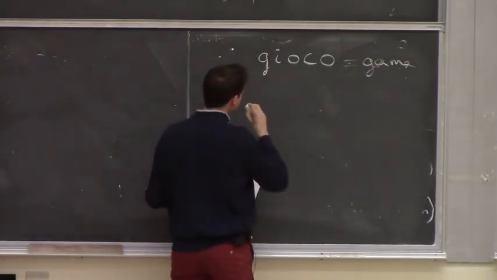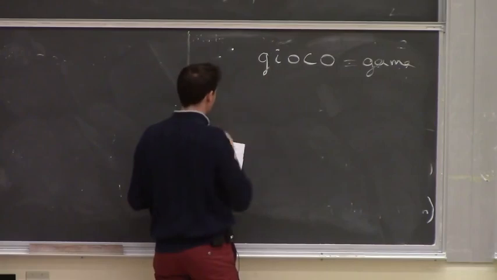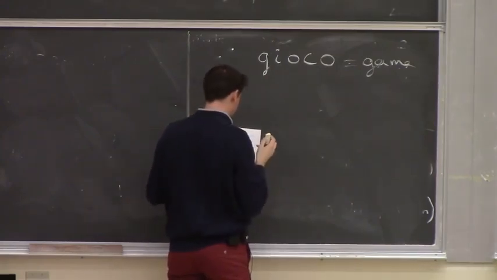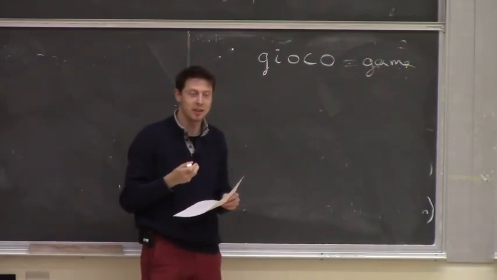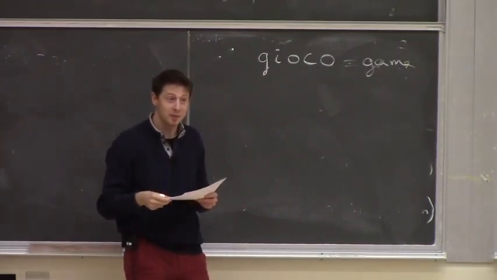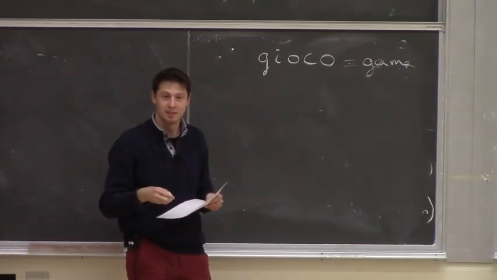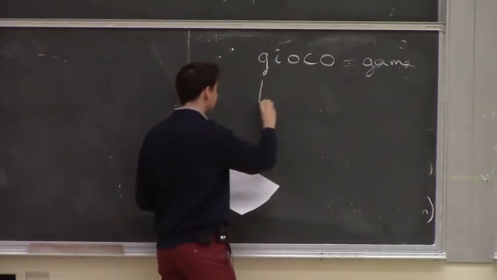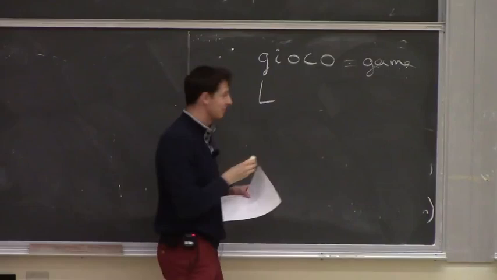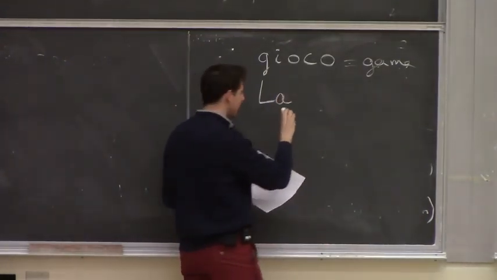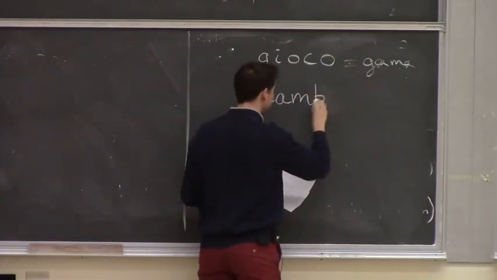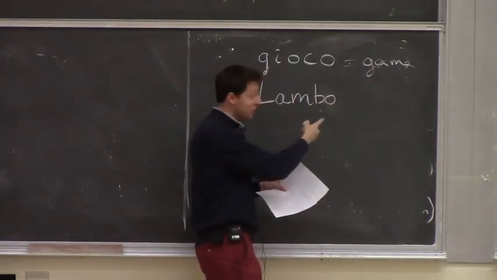OK. Let's try something else around the G side of things. There's an expensive car that has a G in its name. Very expensive car, Italian. Starts with L. It doesn't finish here, by the way.